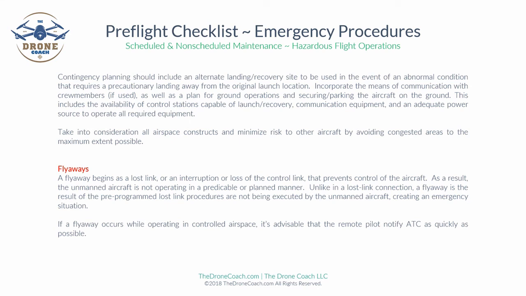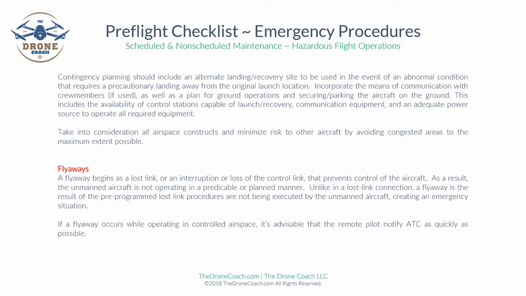Incorporate the means of communication with crew members if they are being used, as well as a plan for ground operations and securing, parking the aircraft on the ground. This includes the availability of control stations capable of launch and recovery, communication equipment, and an adequate power source to operate all required equipment. Just take into consideration all airspace constructs and minimize risk to other aircraft by avoiding congested areas to the maximum extent possible.